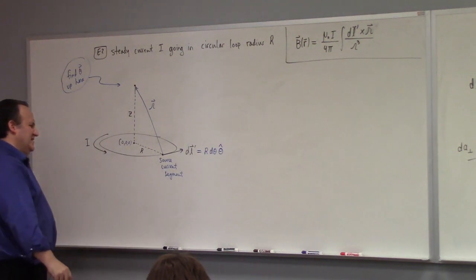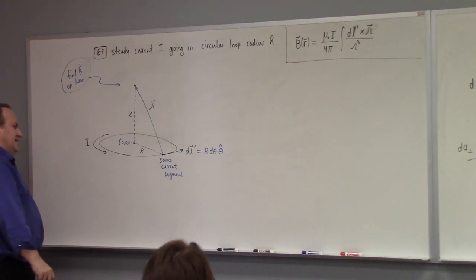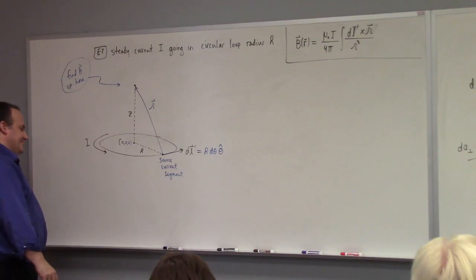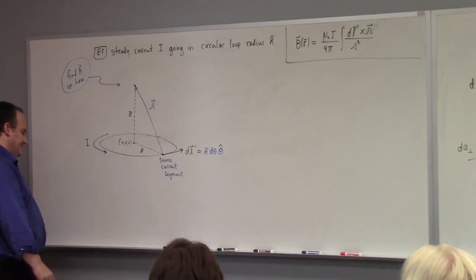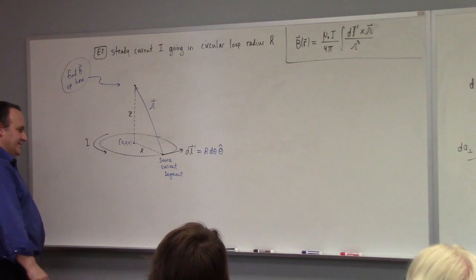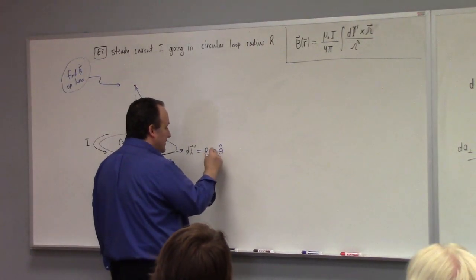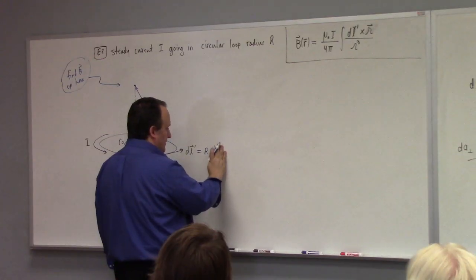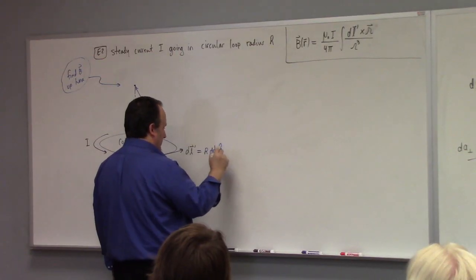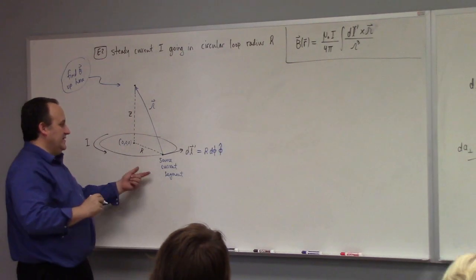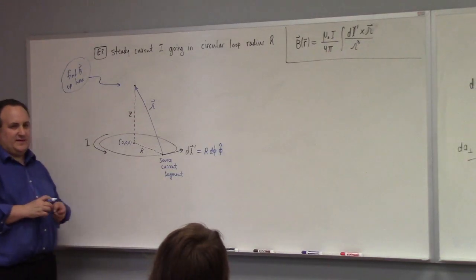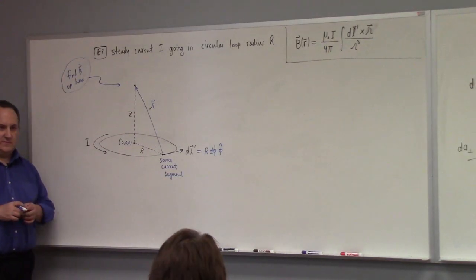Oh man. I warned you this would happen. Why is dl prime, phi hat? It's prime because it's the source current, but I'm not going to put primes on everything else because I don't care.